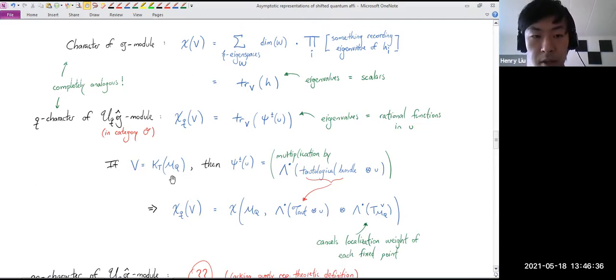The Nakajima quiver varieties are roughly moduli of certain quiver representations. So over each point, you can put that quiver representation, and that will roughly be the tautological bundle. You tensor it with a weight U and take its wedge. These psi's will act exactly by multiplication by these things.